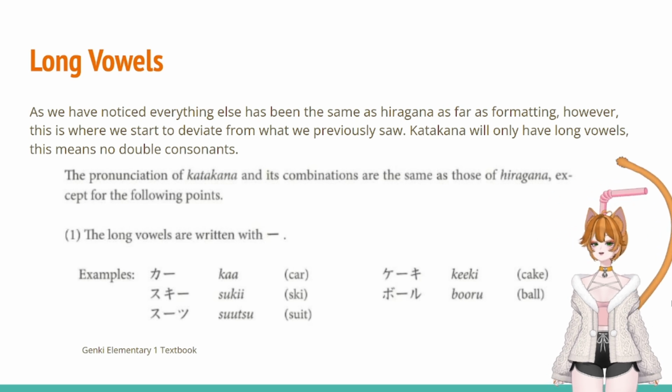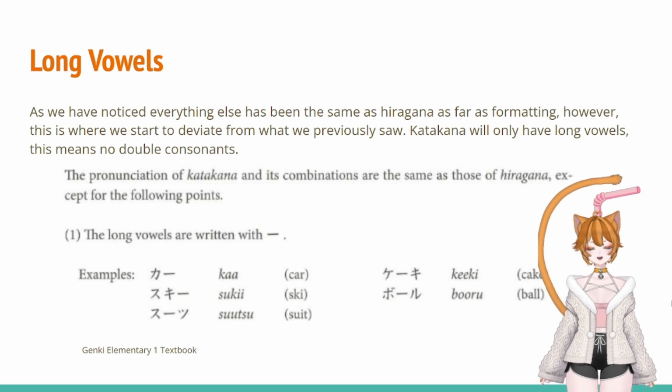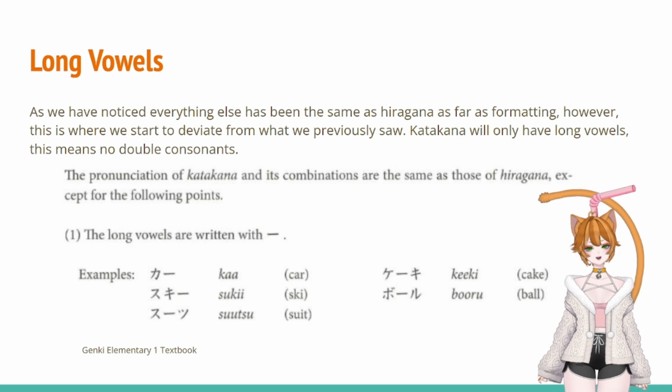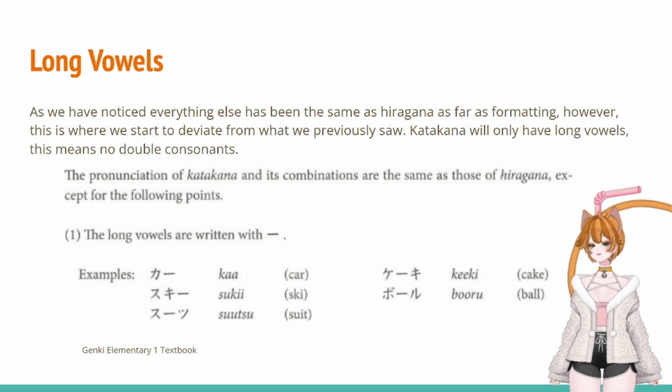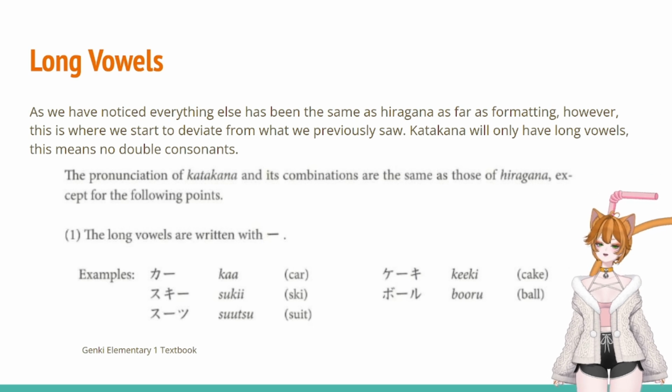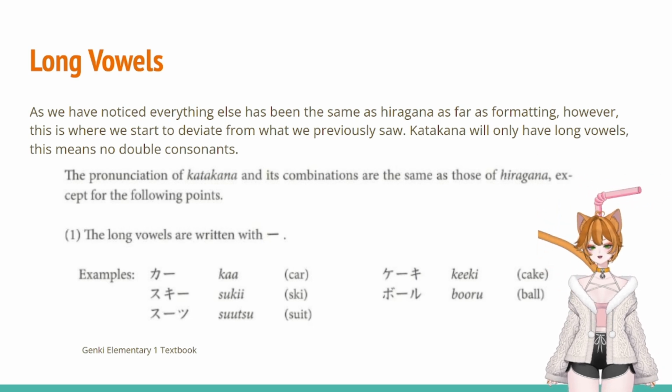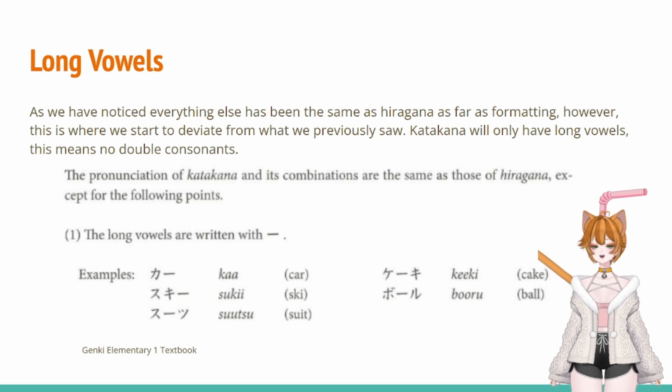Now, this is where we start seeing changes in katakana versus hiragana. So when it comes to writing long vowels, unlike what we saw in hiragana where you had an extra vowel added after your original hiragana, katakana is going to be written with this dash symbol.